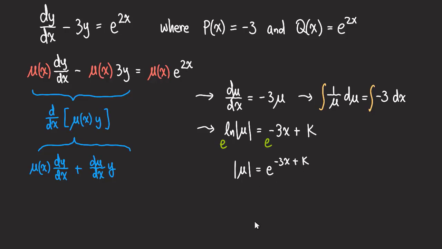So we get mu equals plus or minus e to the k, then e to the minus 3x. And we can simply just turn this into, let's just call it C1, so we get C1 times e to the negative 3x.